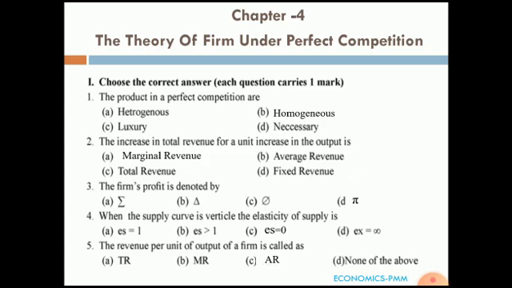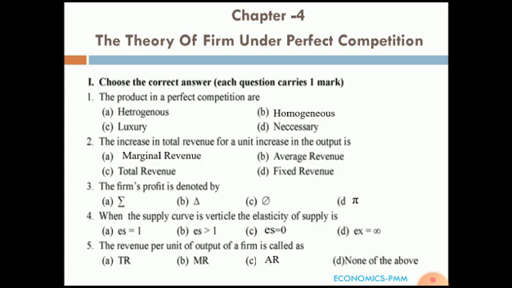The first question is the product in a perfect competition are. So four options in front of you: heterogeneous, homogeneous, luxury and necessary. So we need to choose the correct option in here.